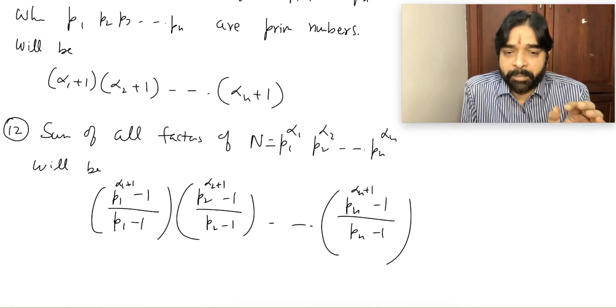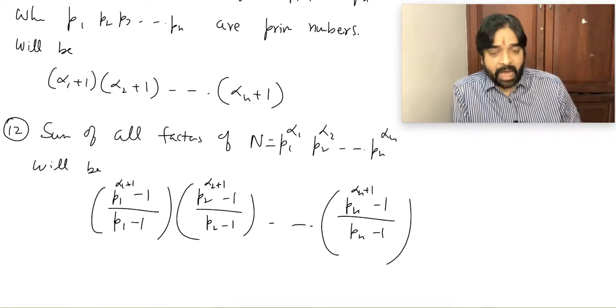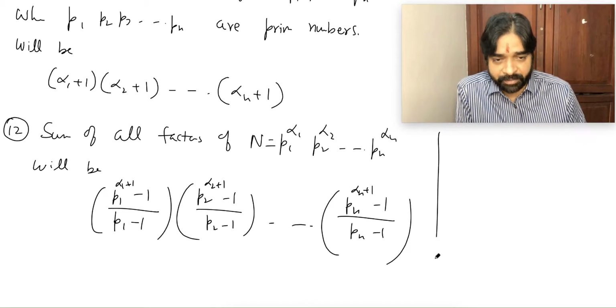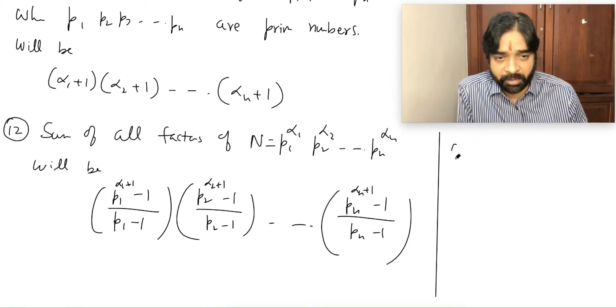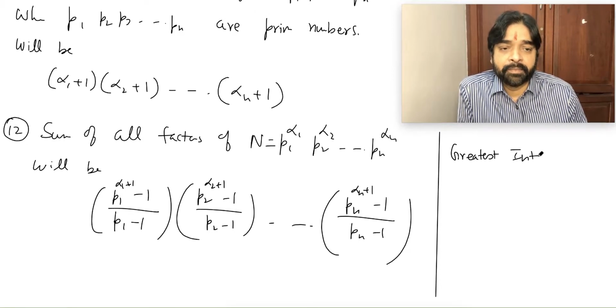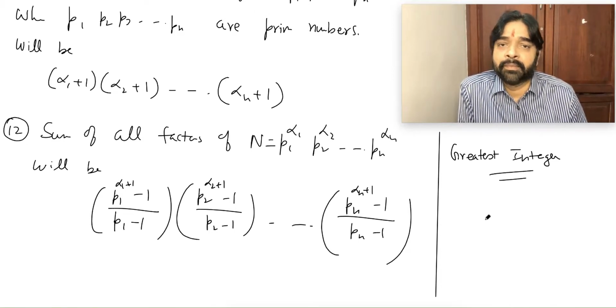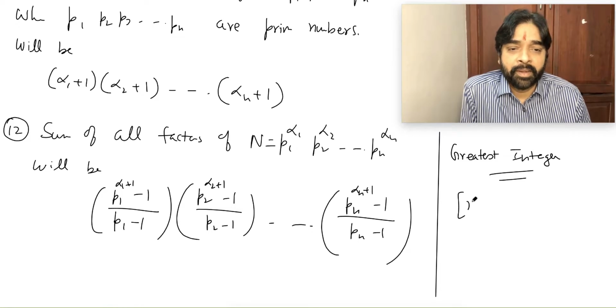Now, combination we have nearly finished. Please all of you revise greatest integer. Have you heard about the term greatest integer? Have you learned it? This is the way to write.